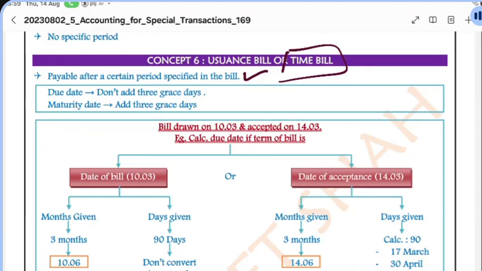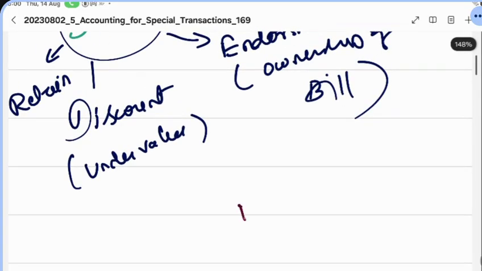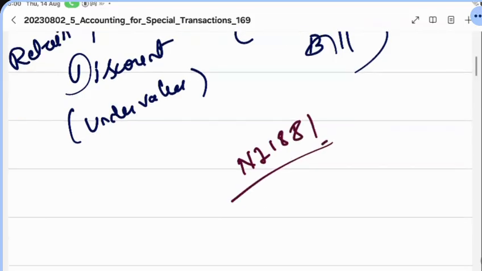Now in this case, due date, there are two concepts. A lot of people get confused: what is due date and what is maturity date? Let me take you to the Act, the Negotiable Instruments Act 1881.